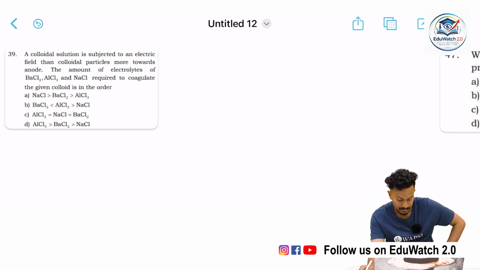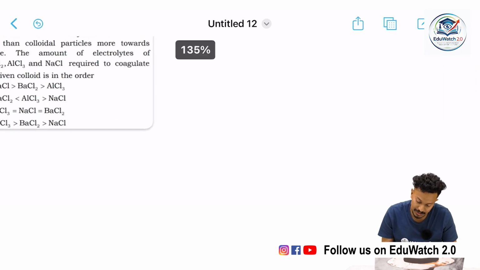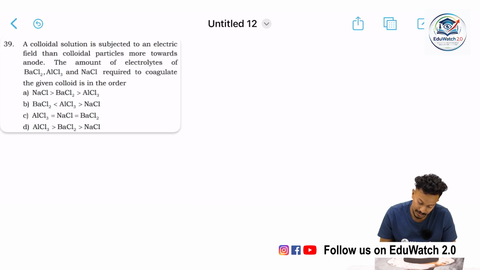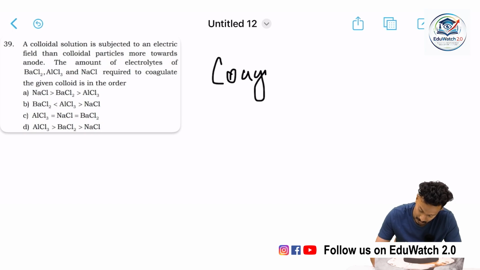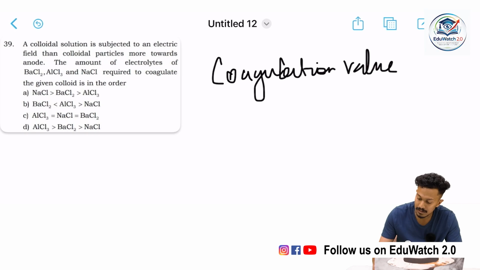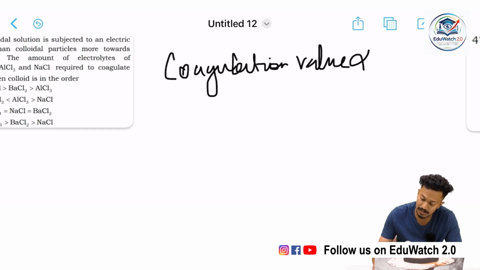The coagulation value is inversely proportional to coagulating power.